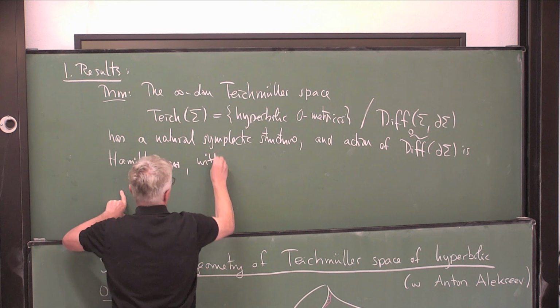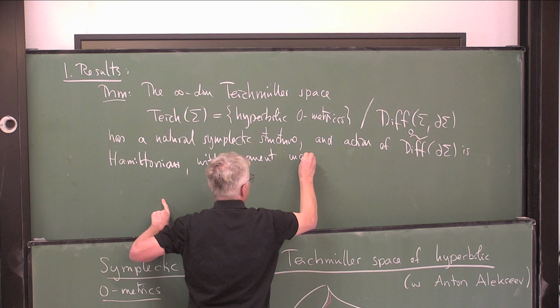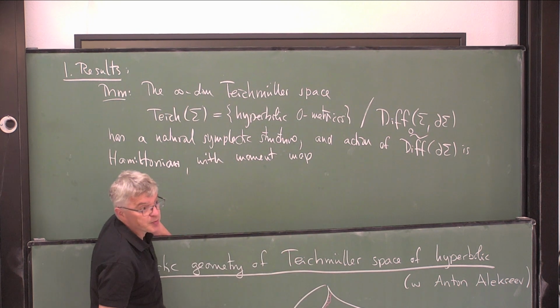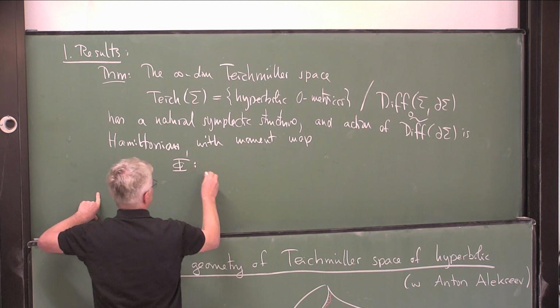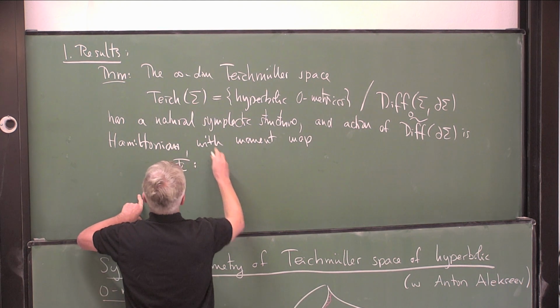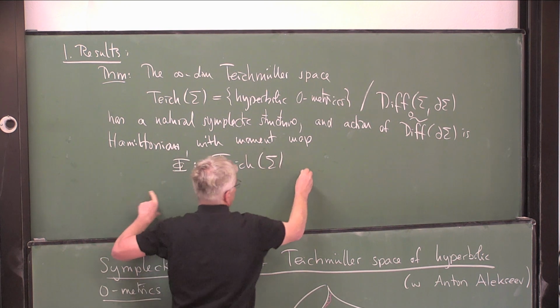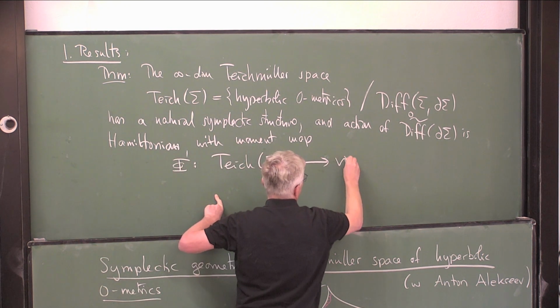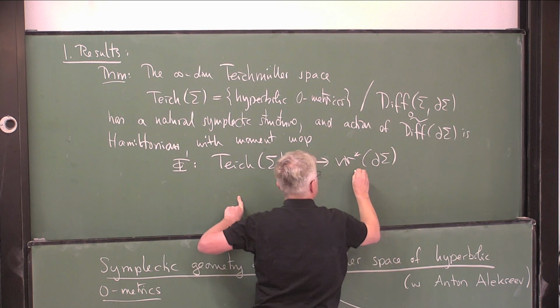There's a moment map which makes it into a Hamiltonian Virasoro space. The moment map is some map phi, which goes from this Teichmüller space to the dual of the Lie algebra of the Virasoro algebra of the boundary at level 1.